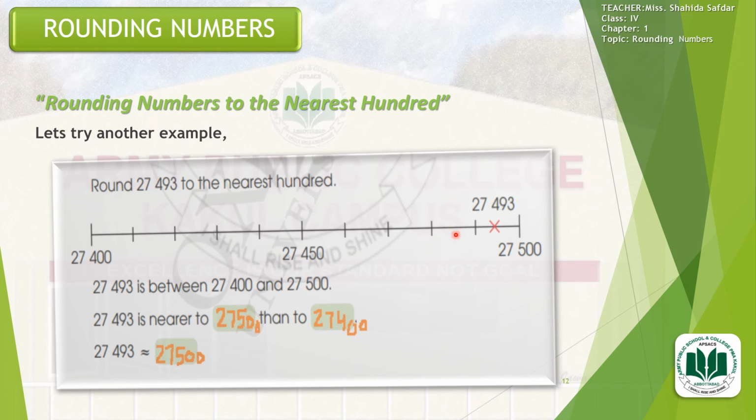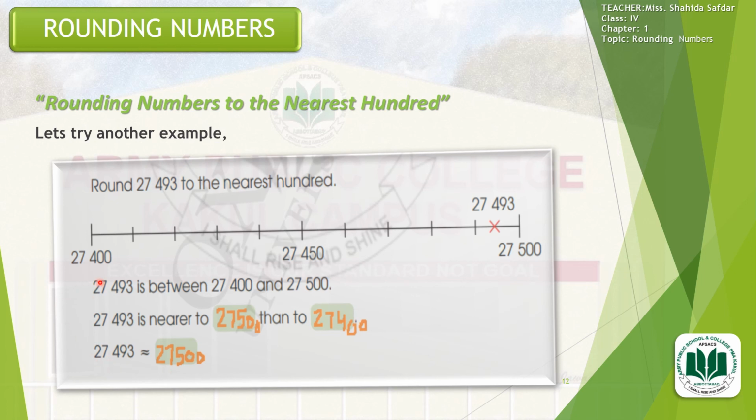Here you can see 27,493 is close to 27,500 rather than 27,400. So our answer will be 27,500.